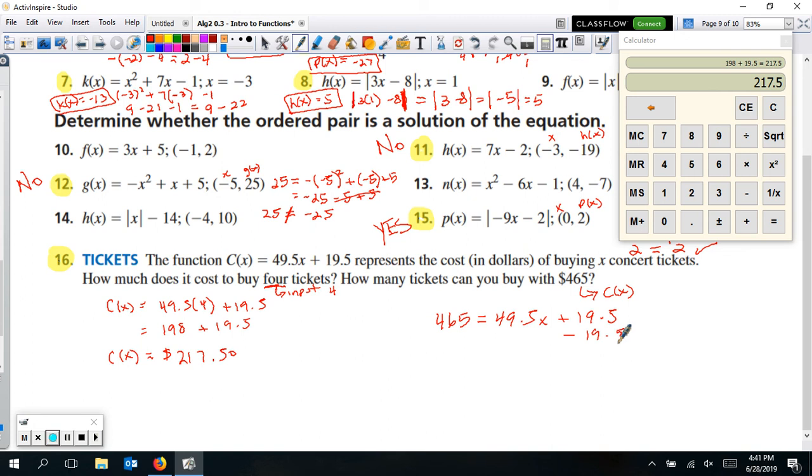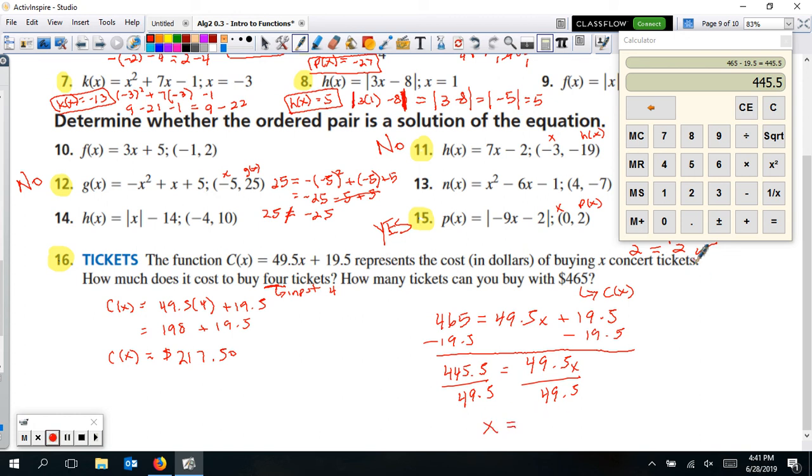I'll use my calculator. 465 minus 19.5 is 445.5, equal to 49.5x. Now I just need to divide by 49.5. So now we can find out what our x is and figure out how many tickets we could buy with $465.